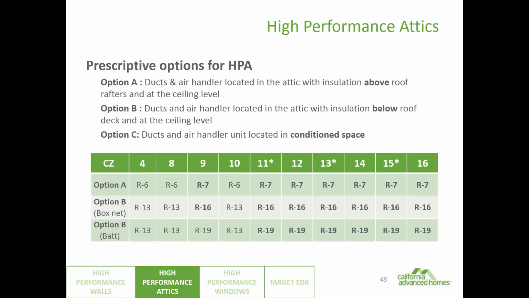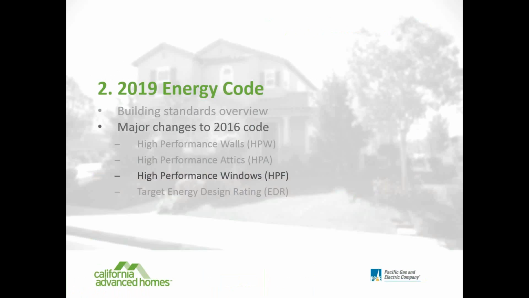And then, above deck roof insulation, which I think is not as popular a choice. None of these are popular, but A is probably less popular. The R value is going from a 6 to a 7 in those same climate zones 9 and 11 through 16. So just tweaks, right?